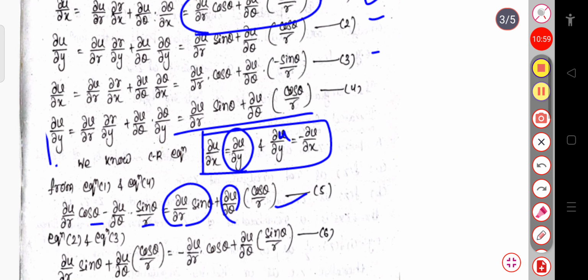And similarly for ∂u/∂y, I have to put ∂u/∂r into sin theta plus ∂u/∂theta into cosine theta by r, which is equal to minus ∂v/∂x.